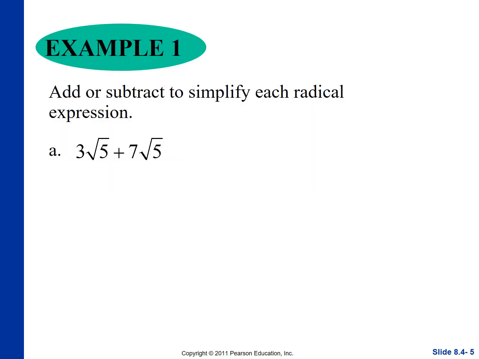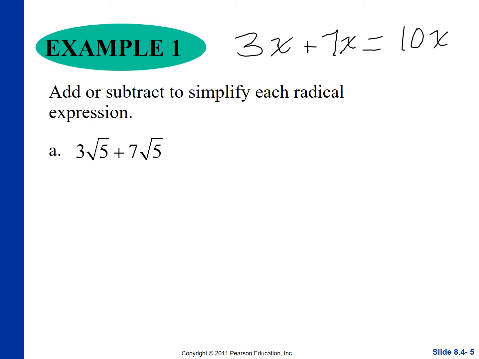Okay, so we've got 3 square root of 5 plus 7 square root of 5. We have identical radicands. What we want to do is treat those like x. If I had 3x plus 7x, you would simply say, hey, that's 10x. You treat those radicands just like a variable.